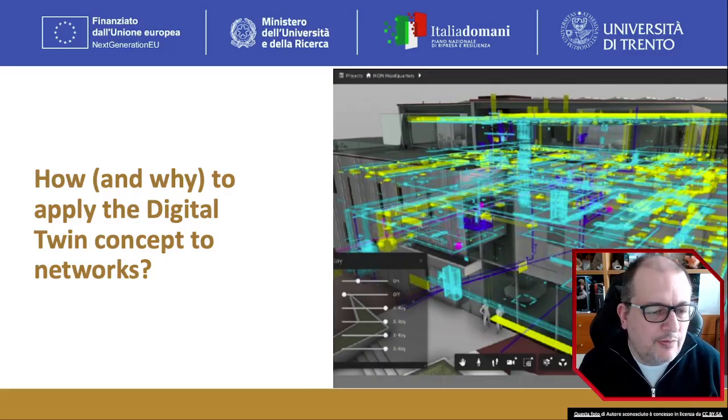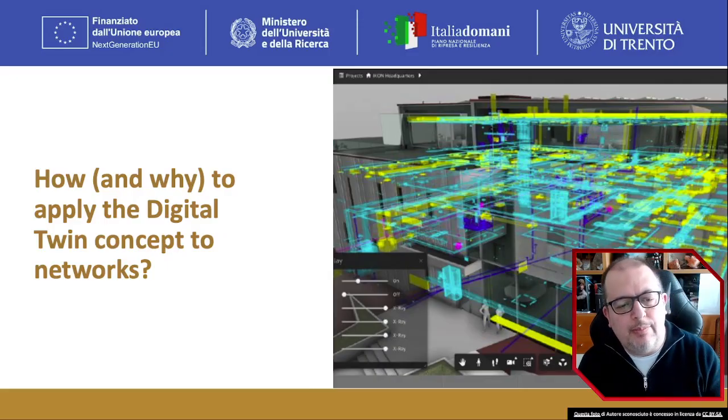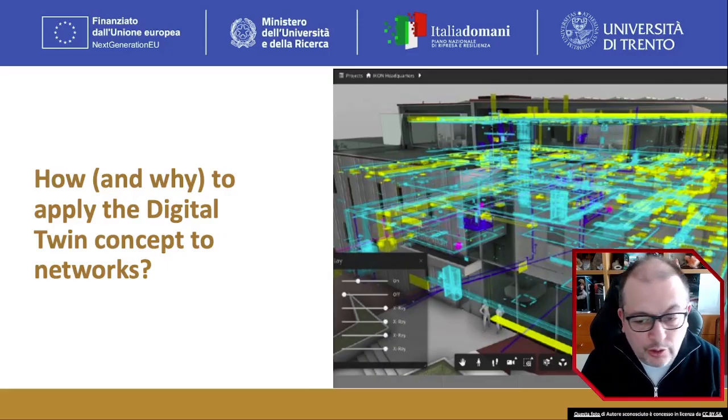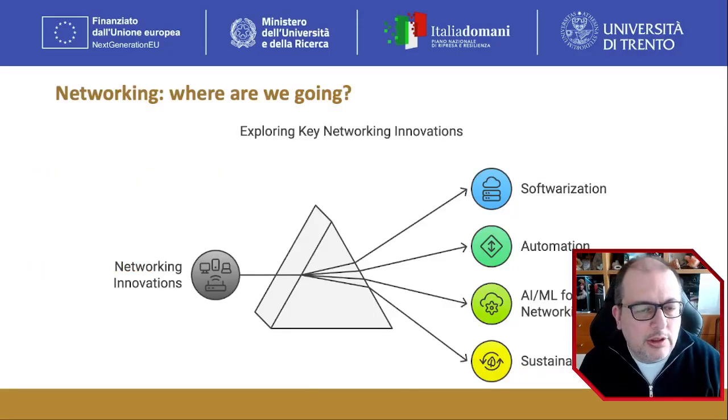What happens if we extend this concept and apply the concept of digital twin to networks? First of all, does it make sense? In our vision, it makes sense because this goes in the direction where all network innovation in this period is going.